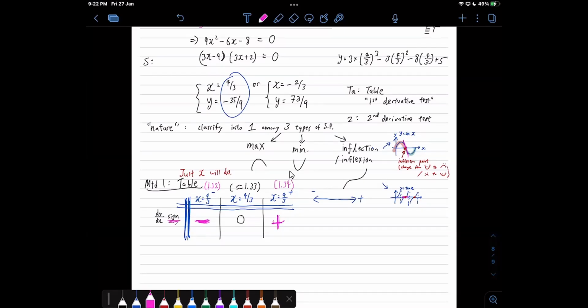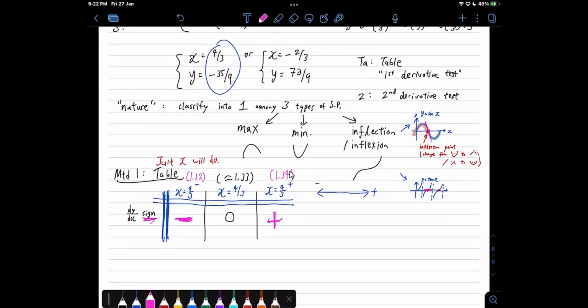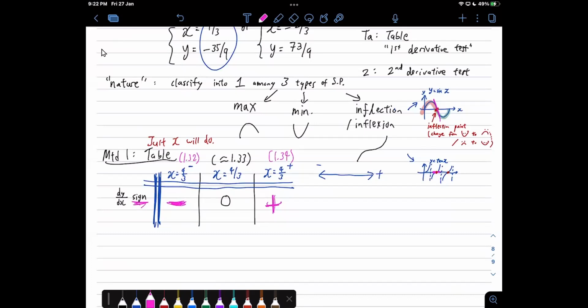Understand? What does the sign refer to? What does dy/dx refer to? Begins with a letter G. Gradient. Gradient of what? On a curve.